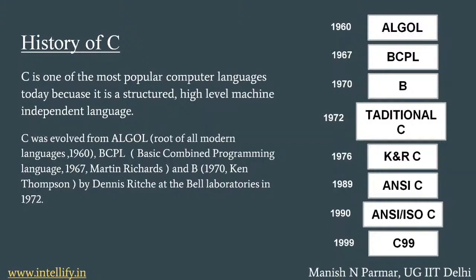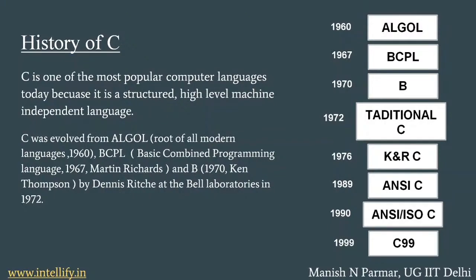BCPL is the Basic Combined Programming Language, which was introduced by Martin Richards in 1967. After BCPL, B was introduced in 1970 by Ken Thompson.